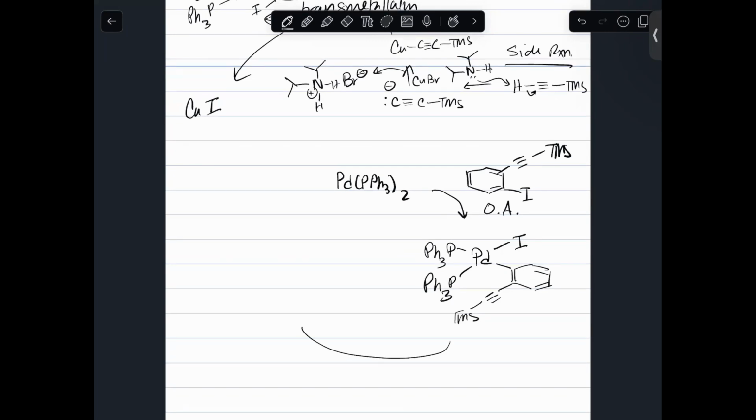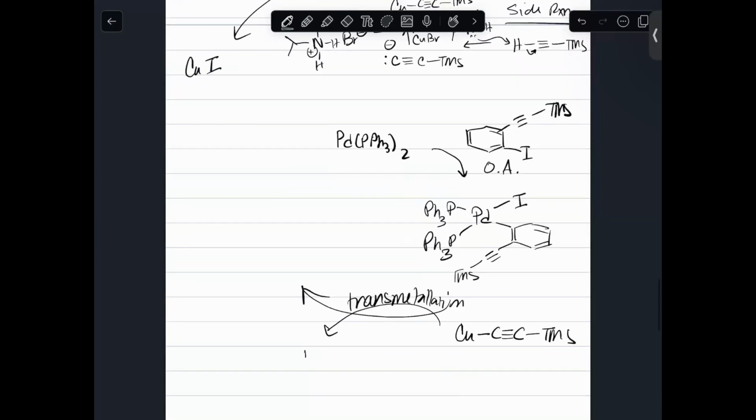I do my transmetallation step. And again, I form more copper iodide, so copper 1 salt. And finally, of course, my reductive elimination step.